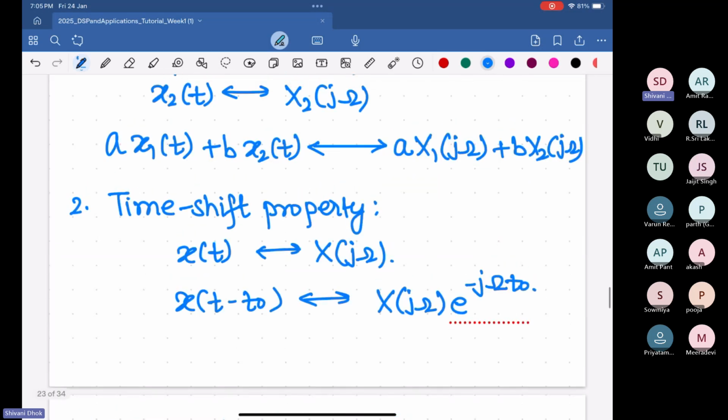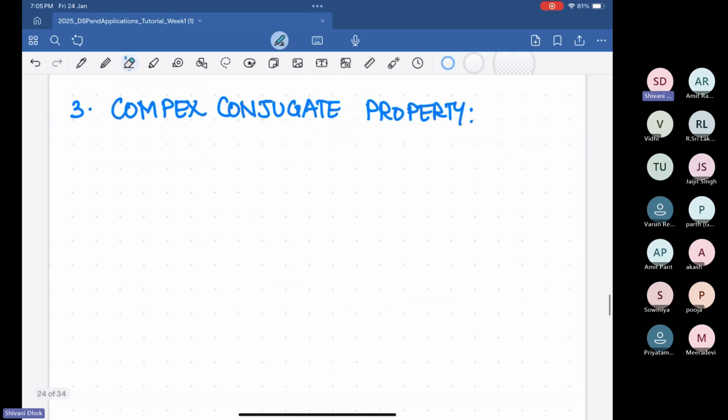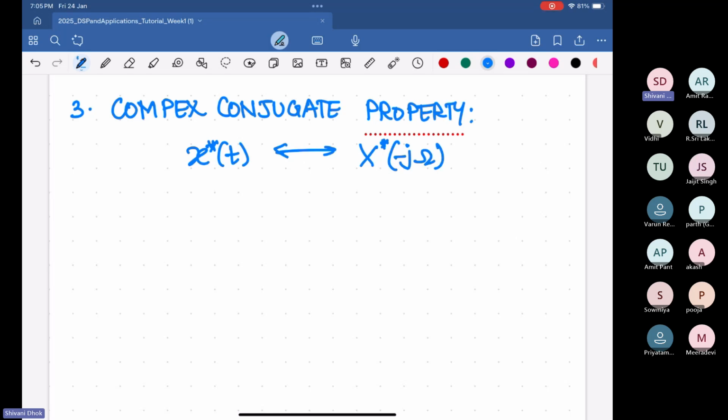If x of t has a Fourier transform x of j omega, then x conjugate of t has a Fourier transform of x conjugate of minus j omega. Another thing that we will look at is the time convolution property.